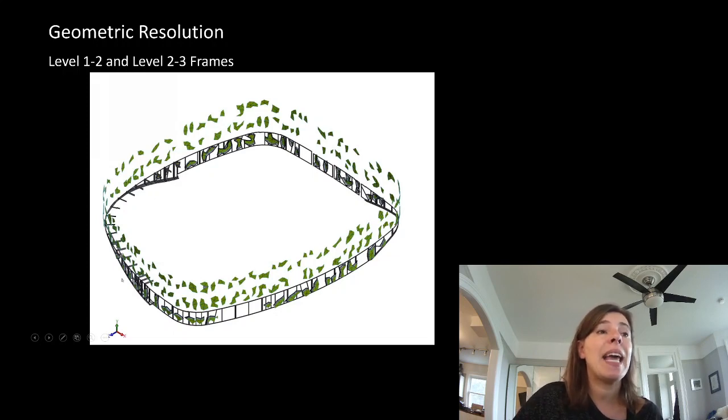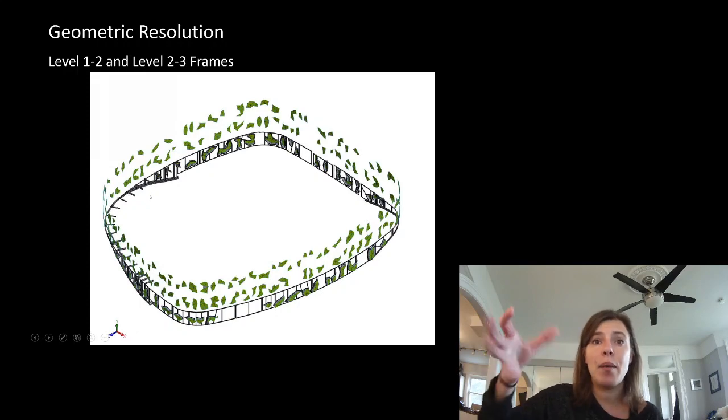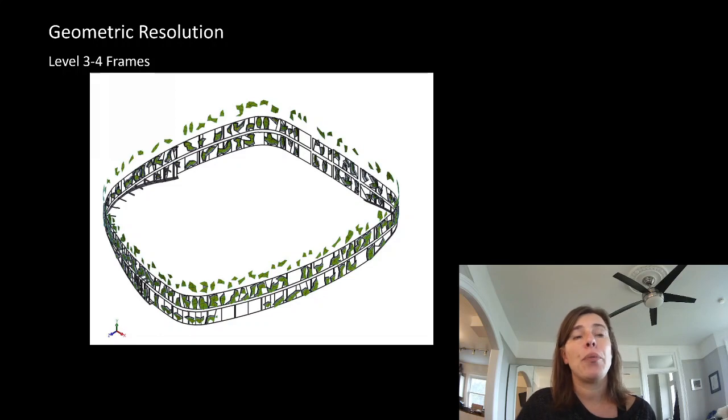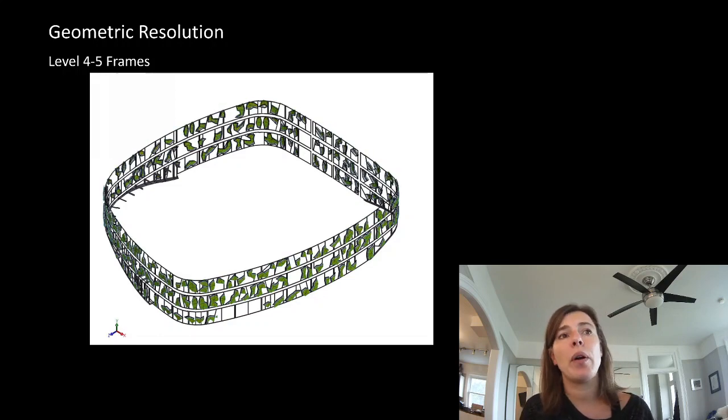We actually had to cantilever these ones down with outriggers to pick up the overturning force. Then I did the level 3 to 4, then I did the level 4 to 5, and then they realized that they didn't like the way they were detailing their parapet. It went out of the bounds of the standard parapet that they were willing to warranty.